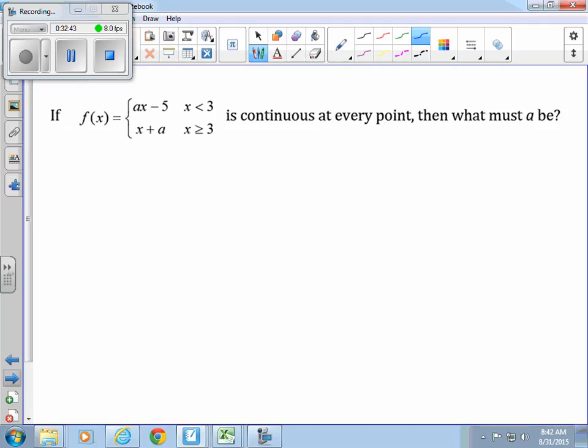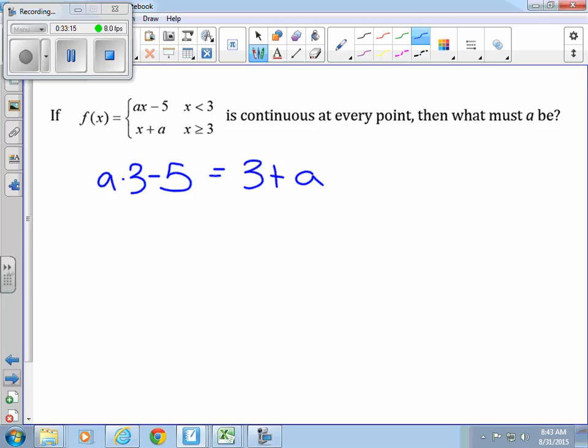So if I do the limit from the left and the limit from the right, how do you normally do that? Plug in 3 into the top and plug in 3 into the bottom. And Jameen said then set them equal. Makes sense? Because we need the limit from the left and the limit from the right to be the same. So I'm going to do a times 3 minus 5, and I'm going to set that equal to 3 plus a.